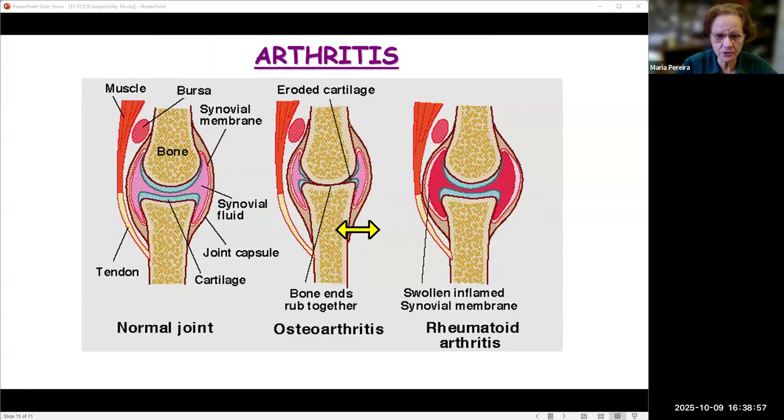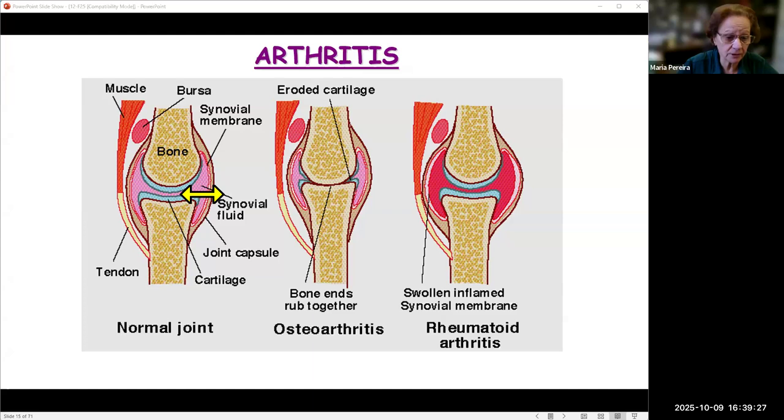Okay, so here's another representation of arthritis. Here you see a normal joint with all its components. So the muscle with the tendon. Remember that the tendon attaches to the periosteum, which is the connective tissue that surrounds the bone. Then you see here the cartilage that has no blood vessels, and it depends for its nutrients on the synovial fluid.